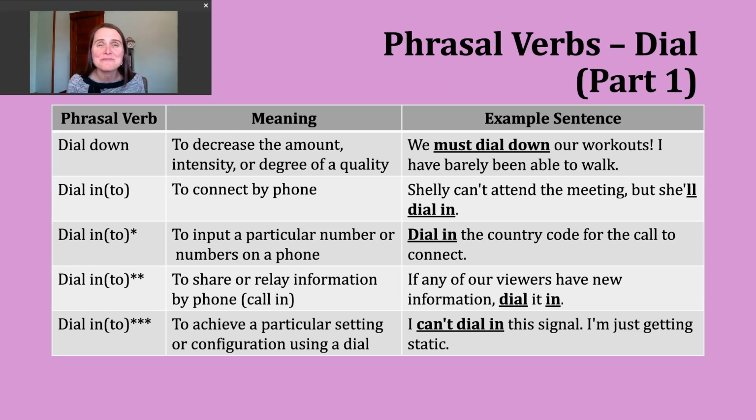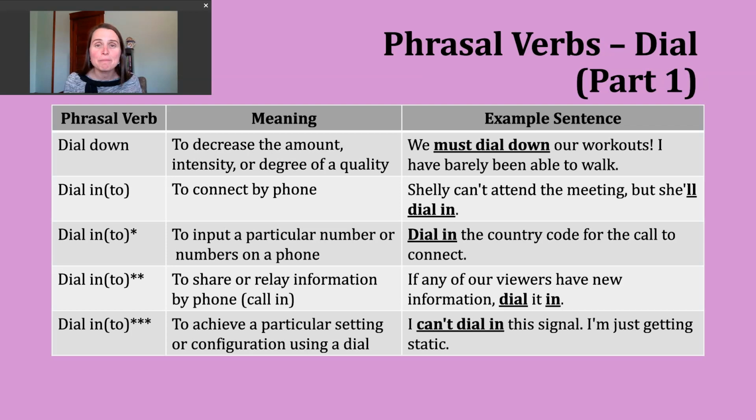A fourth way we can use dial in or dial into is to mean to achieve a particular setting or some type of configuration using a dial. There's that noun form of our word. And again, we'll look at some pictures of that a little bit later. An example of this might be, I can't dial in the signal, I'm just getting static.